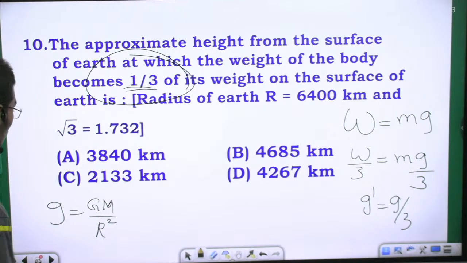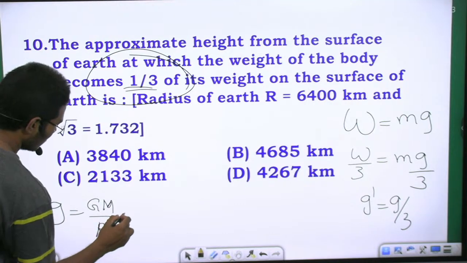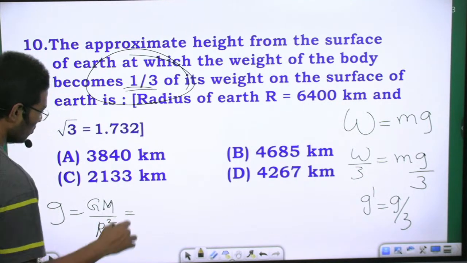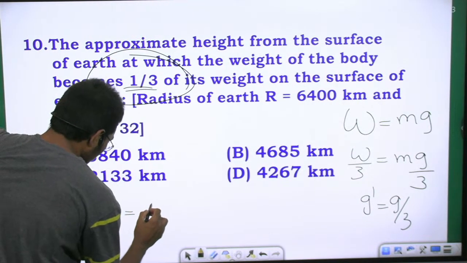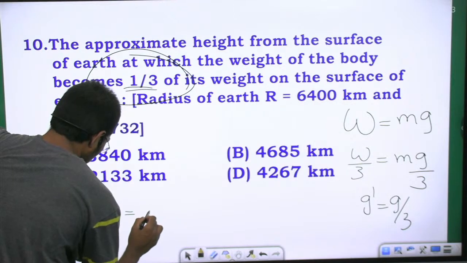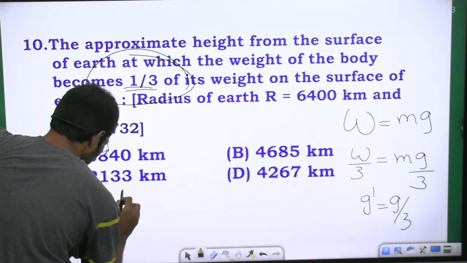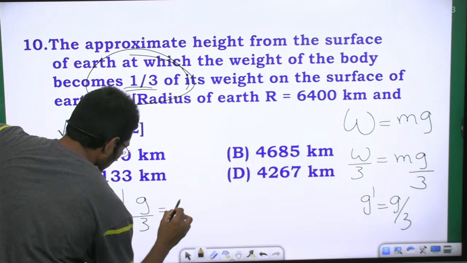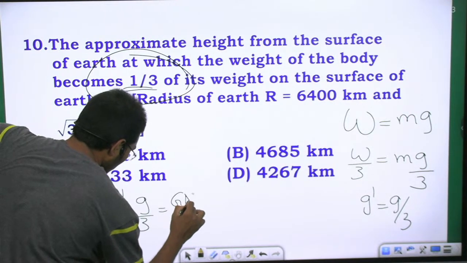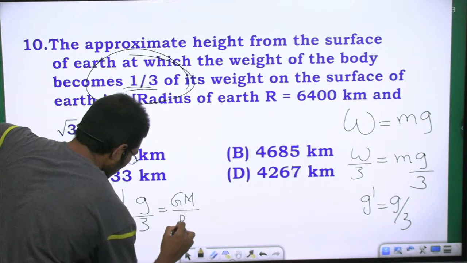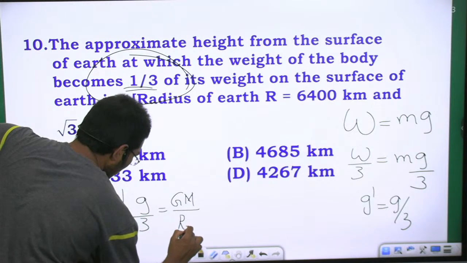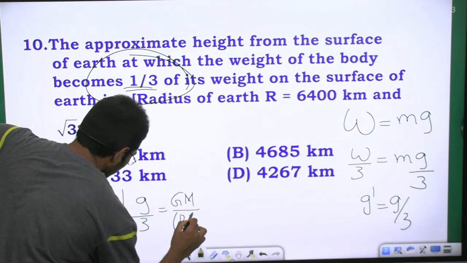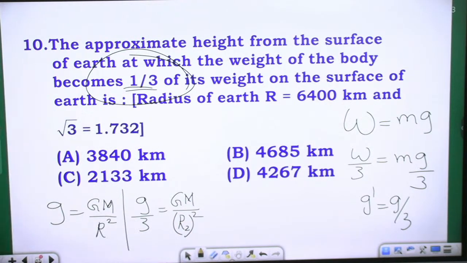So let us try to equate, new r dash. So g by 3 is equal to GM by r2 square, right? Let's try to find what r2 is.